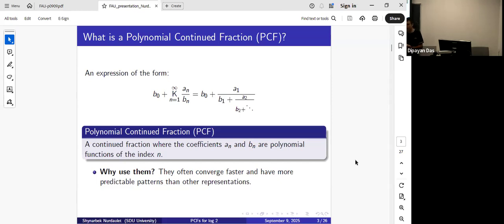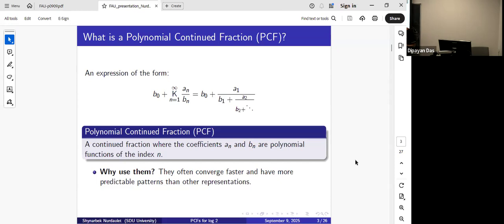Generally, why are we interested in polynomial continuous fractions? The first reason is that, compared to simple continuous fractions, they follow some logic. Since they are polynomial functions, we can track the numerator and denominator values, whereas in simple continuous fractions we cannot do that.